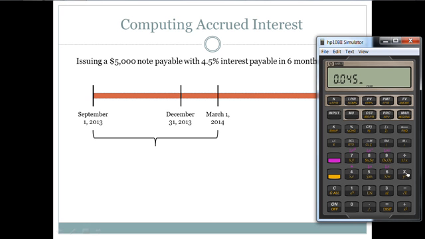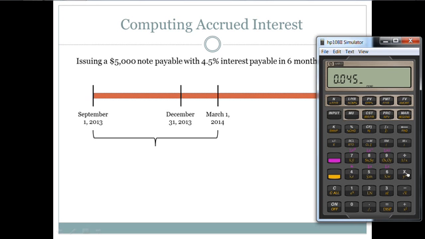Remember, the 4.5% is an annual interest rate, but the note's only going to be outstanding for half a year. We are going to take the convention of working on a month calculation, and so this note will be outstanding for 6/12 of a year. I understand that that's the same as 1/2, but we're going to get in the habit of making these kinds of computations on a monthly basis because that is the standard in industry.